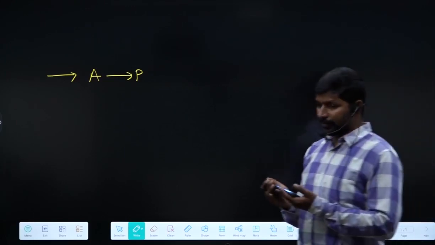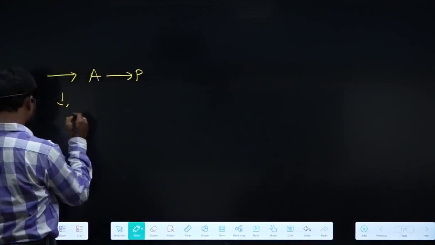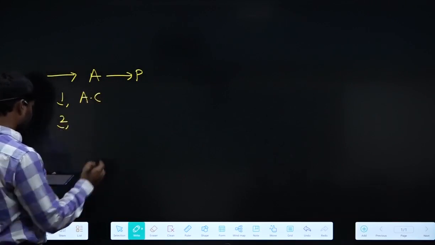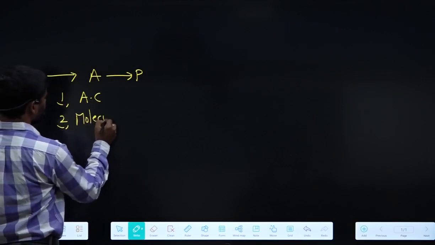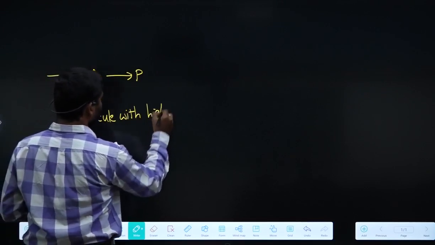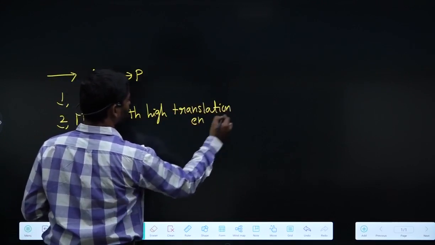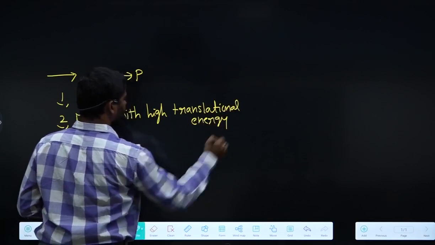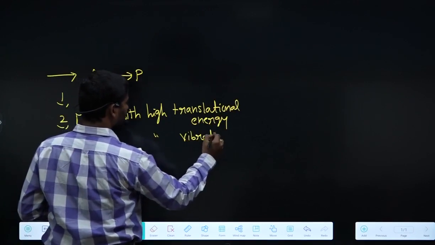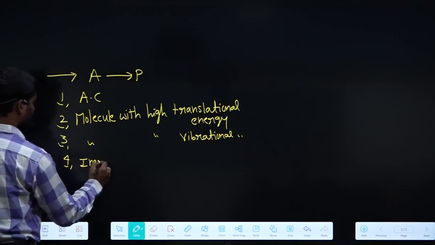Where A star is, options: activated complex, molecule with high translational energy, molecule with high vibrational energy, fourth one, inert complex.